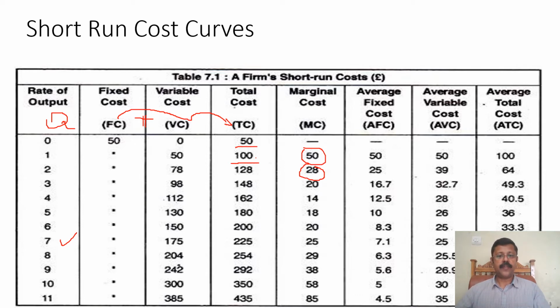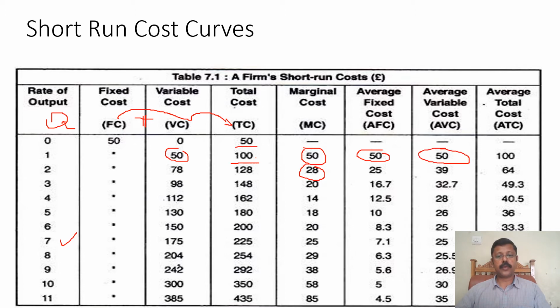AFC, average fixed cost, is total fixed cost, that is 50, divided by the rate of output. So here it is 50 divided by 1, that is equal to 50. What about average variable cost? Average variable cost is, here variable cost is 50 divided by 1 unit, so you will get again 50.